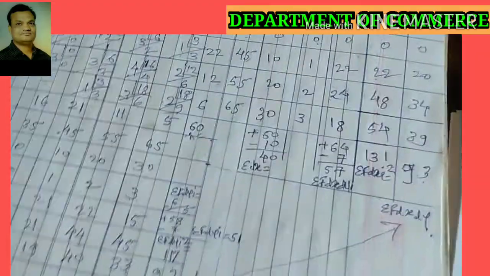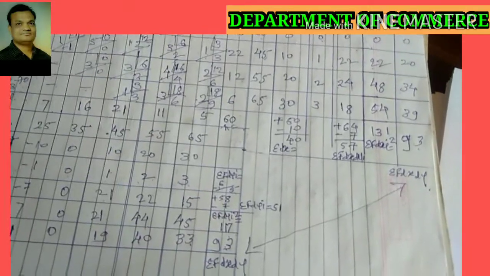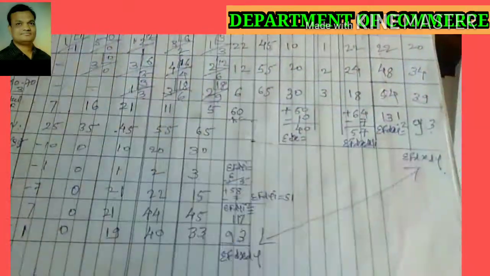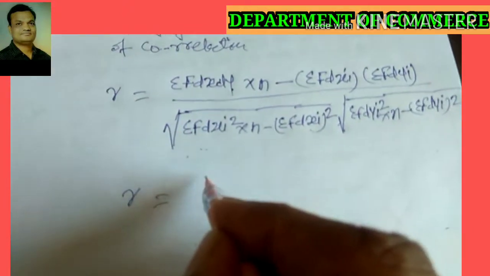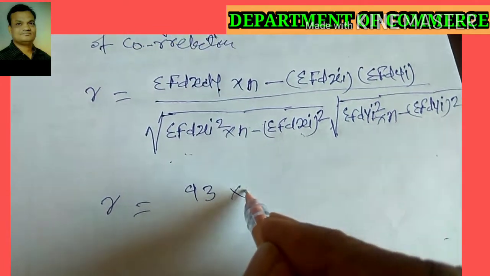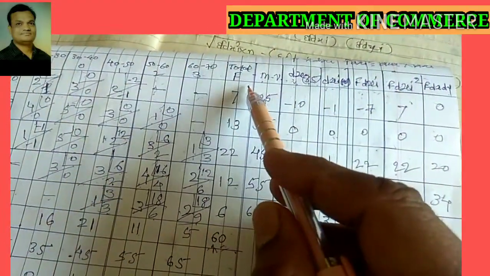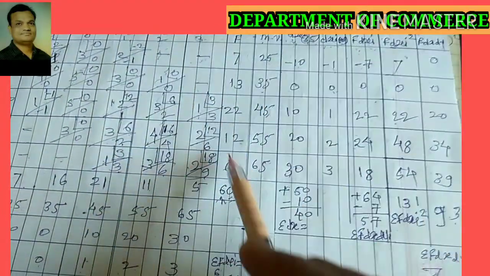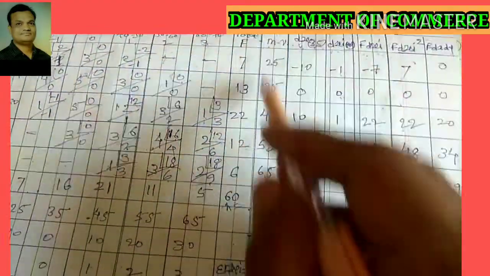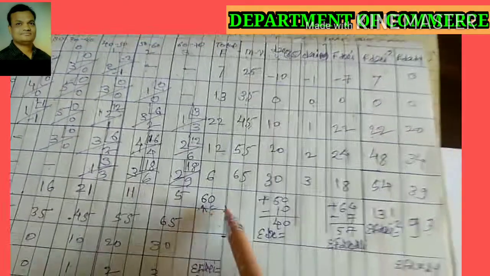So it means our whole calculation is correct. So fill here 93 into n. N means the total number of items. In this table we can see horizontal and vertical total is 60. It means this is the n.